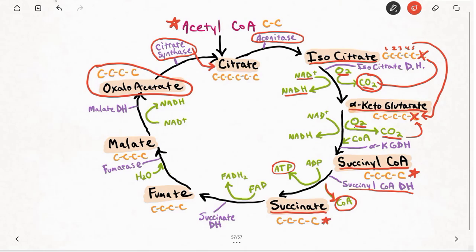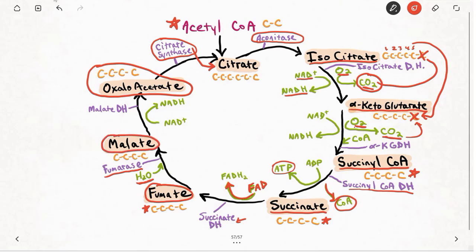With succinate, the enzyme is succinate dehydrogenase, and we take another energy carrier, which we haven't talked about yet, FAD. FAD removes 2 hydrogens to give us FADH2. All of that generates the next intermediary product, fumate, another 4-carbon molecule. We take that fumate, input some water and the enzyme fumarase, and that gives us malate.